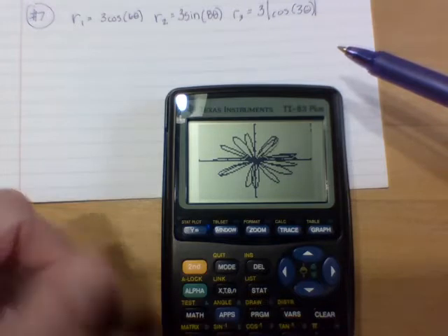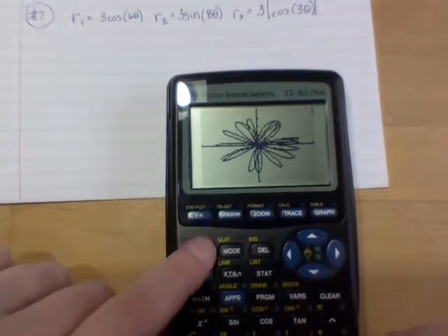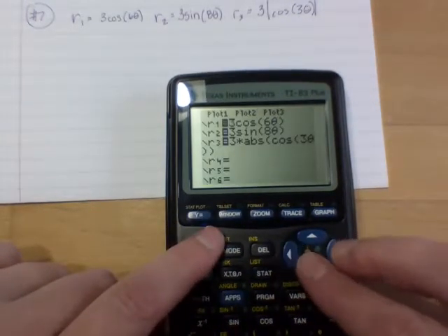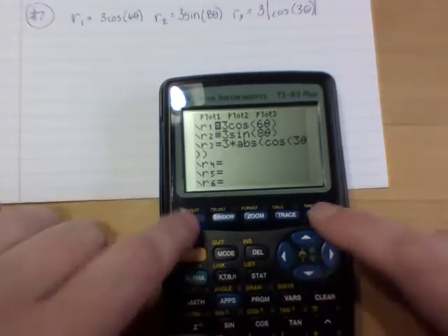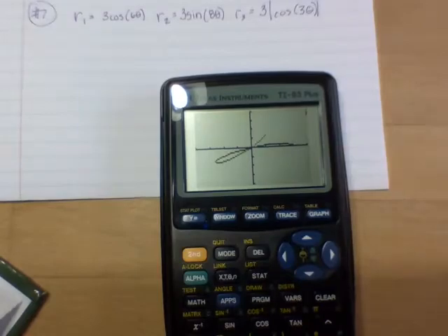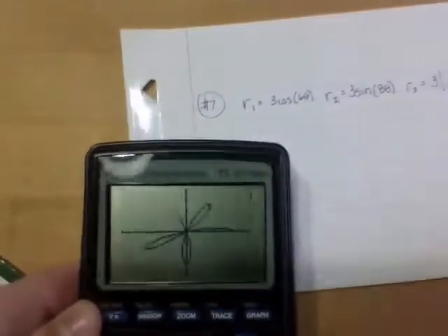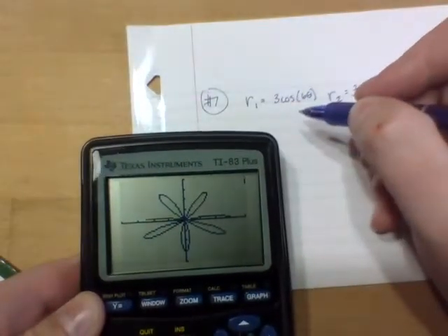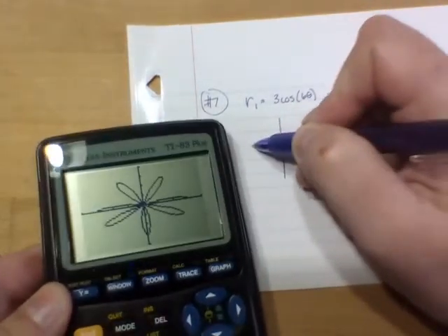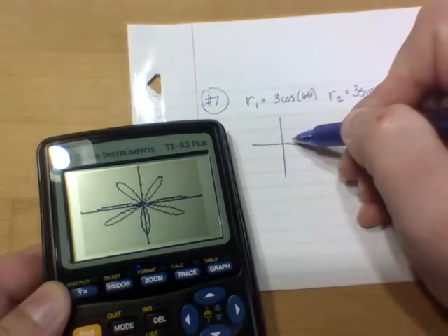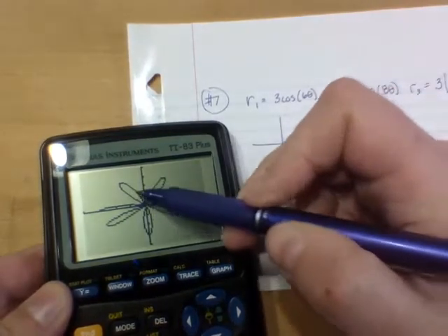That is very confusing. All right, so let's just try one of them. If you turn off these equal signs, it'll only graph the first one. So the first one has 6 petals, and oh, it didn't.